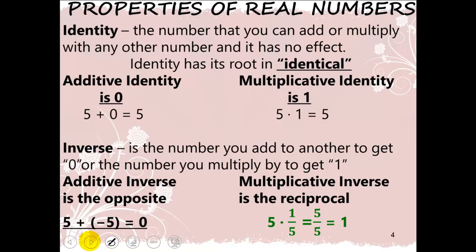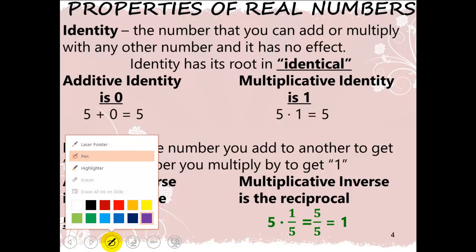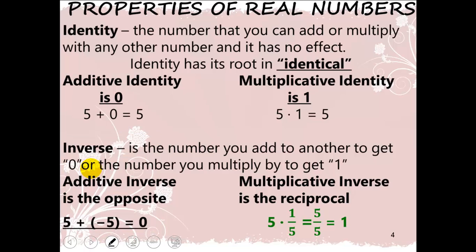All right, this next slide has two different properties on it, and they each have an additive and a multiplicative version. The identity property is the first one we're going to talk about. Identity, identical. There is a number that you can add to every other number in the universe, and it doesn't change its value.